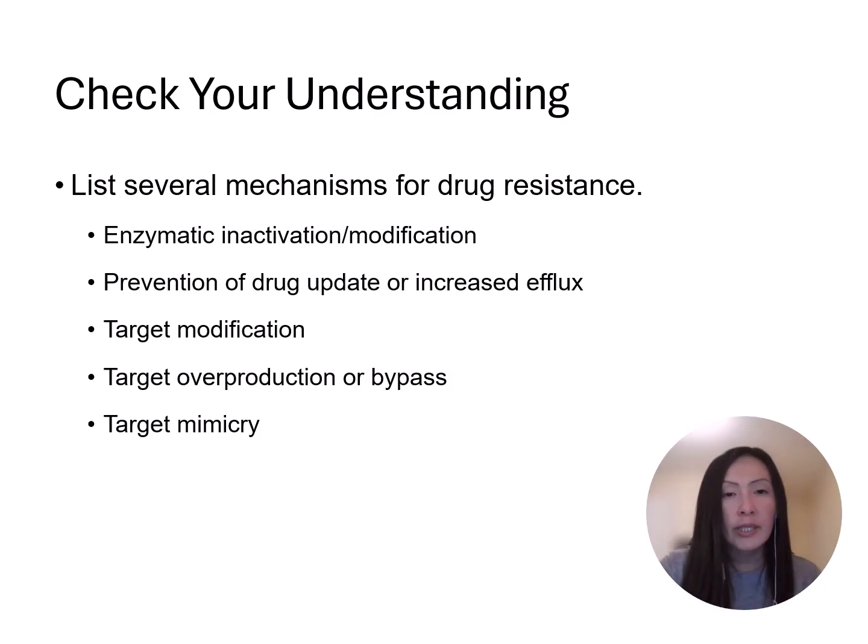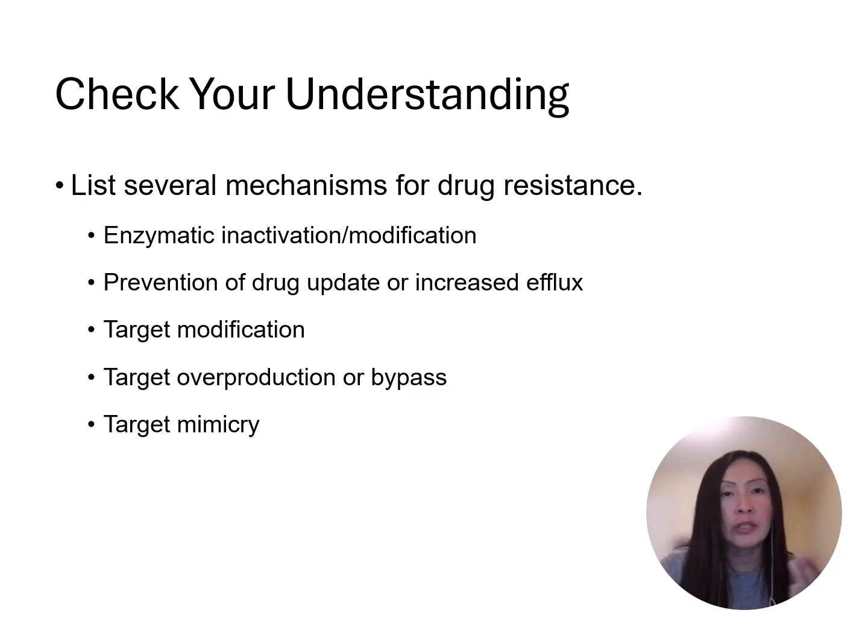The second one is prevention of drug uptake or increased efflux. So here bacteria are reducing the entry, such as altering their porin channels or pumping drugs out using efflux pumps. The third is target modification, where the drug's target site mutates so the antibiotic can't bind.